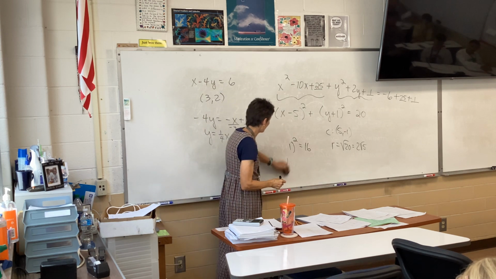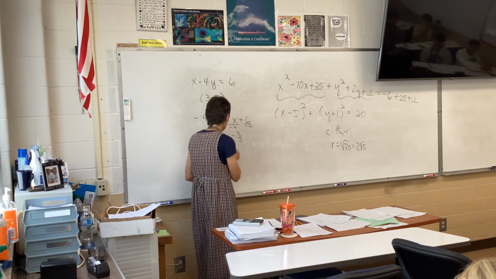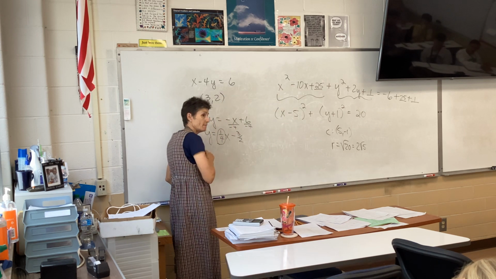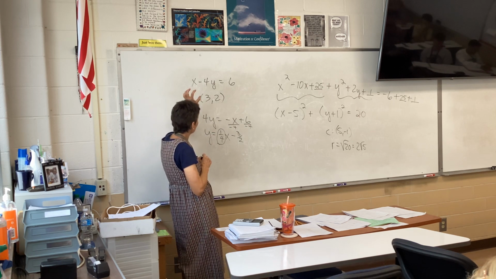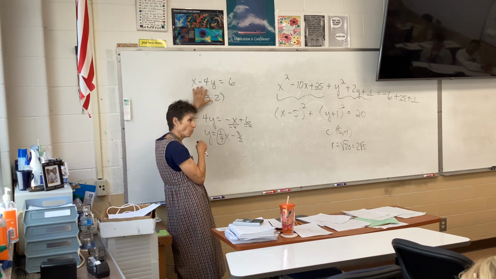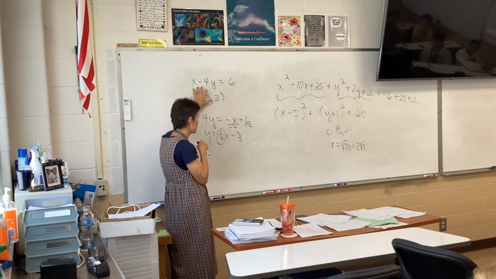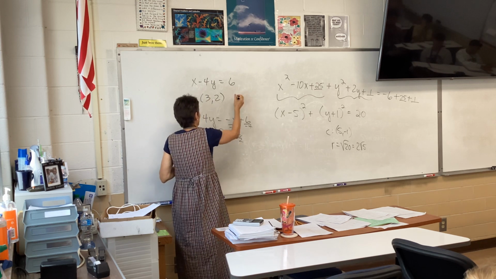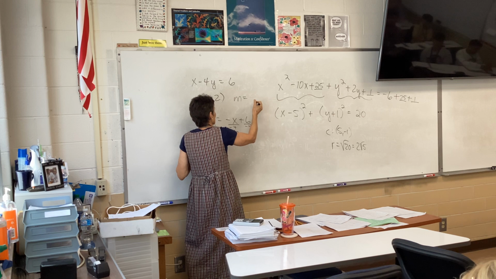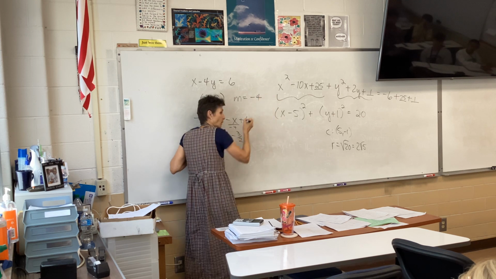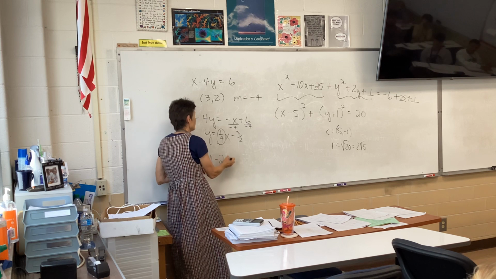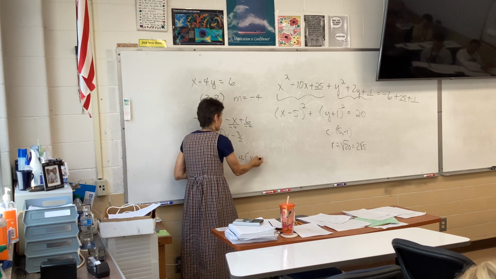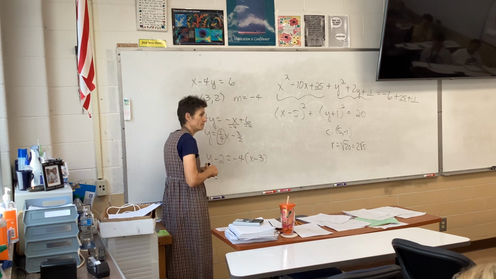Don't get all hung up about the 3/2, it really isn't important. This is what you were looking for, right? So the slope of this line is 1/4, which means my perpendicular line will be -4/1. Then y minus 2 equals -4 times x minus 3, there we go. Done.